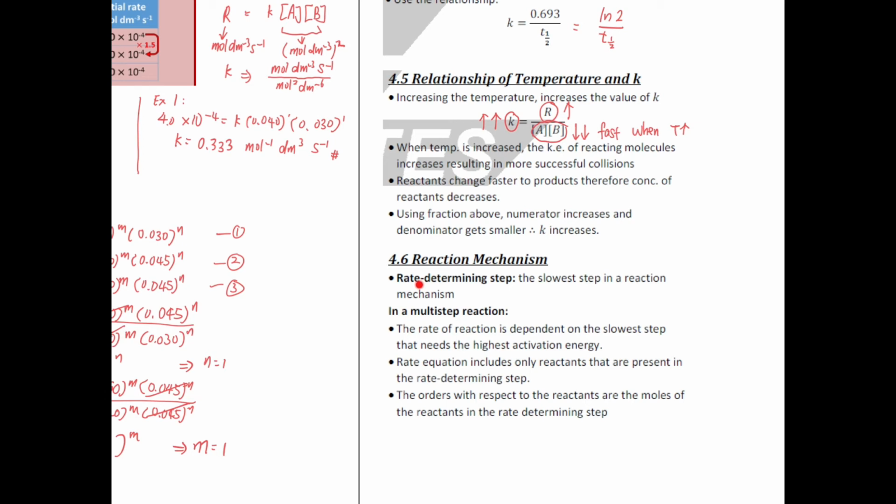You have to control everything critically, so that the cooking process can go through quickly. So yes, the slowest step will affect the overall speed of the reaction. So this one is the rate determining step.